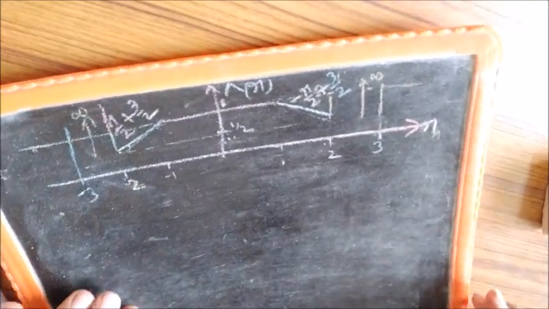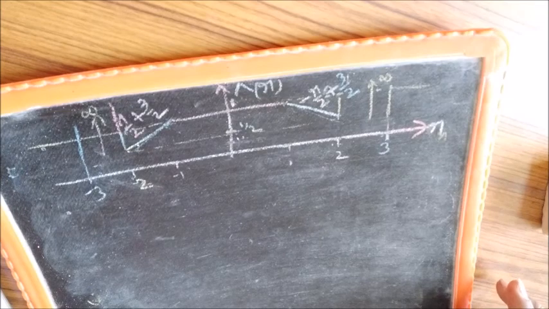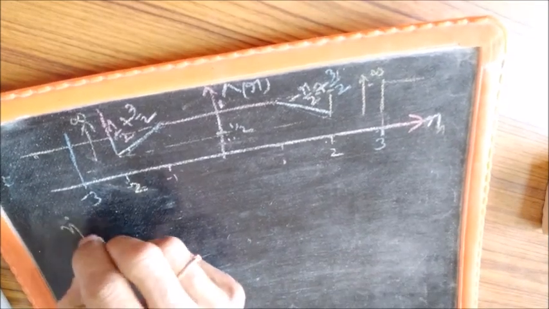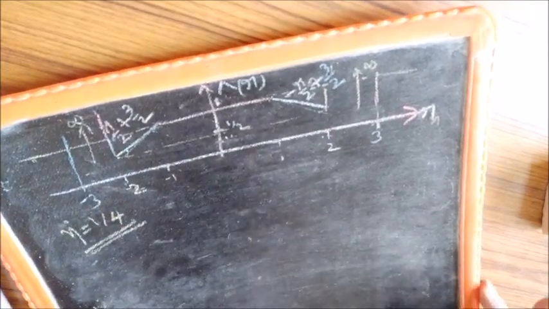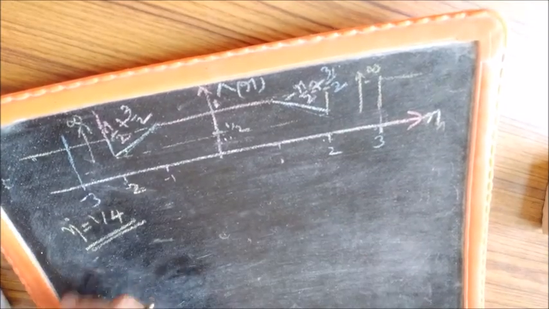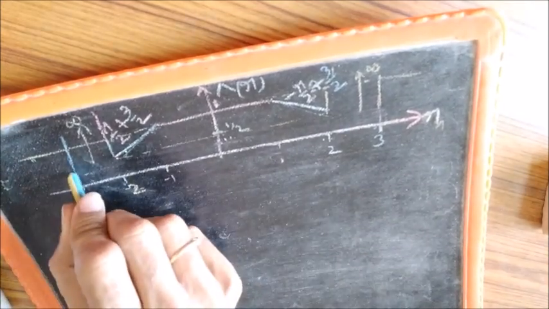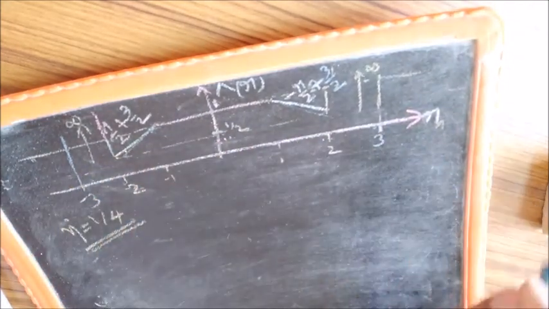Now we will answer the second part, that is to find out probability of detection and false alarm. So first, when eta is equal to 1 by 4, we saw that we were always declaring H1 as the true hypothesis.